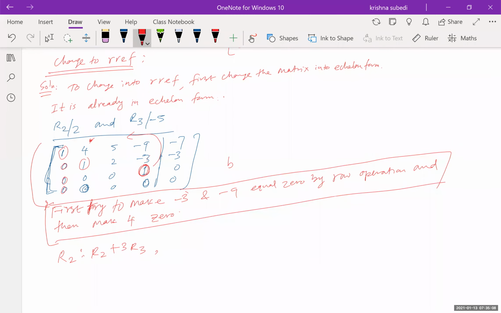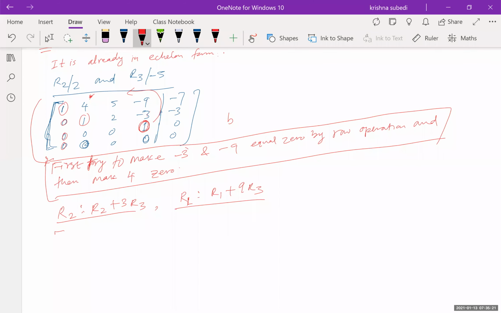In order to make this -9 0, in R1, I'll do R1 plus 9R3. That way I'll have both 0. So in R1, I did nothing. I just copy as it is, 1, 4, 5, -9, -7. And in R2, I did R2 plus 3R3.